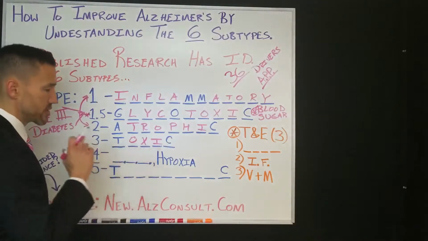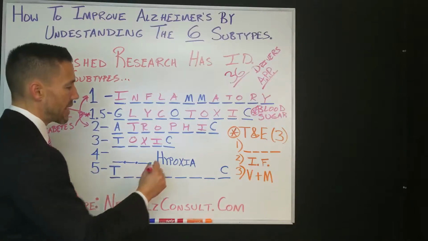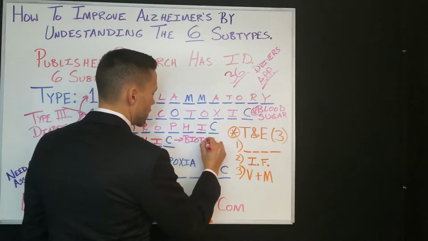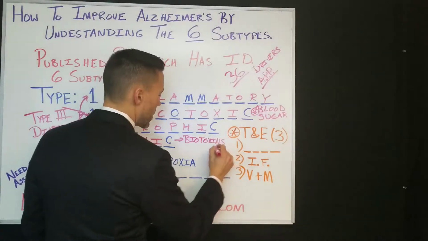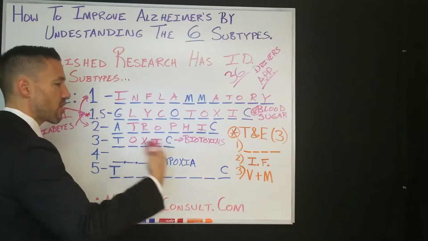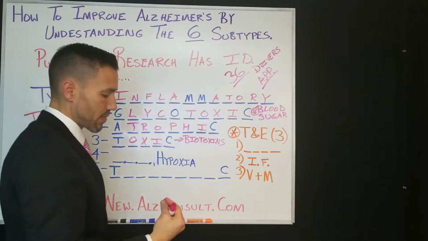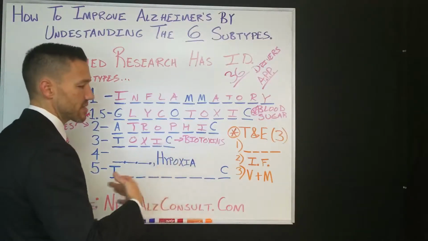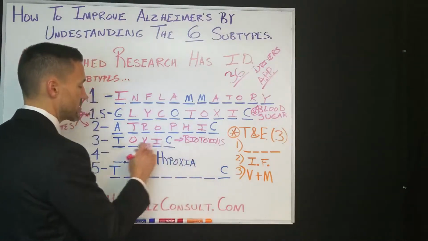Toxic. Now, number 3 is really an important one because it looks at biotoxins. Biotoxins, which we're talking mold, Lyme disease. These things, as part of their normal metabolism, create toxins that they release into your body. So biotoxins, this is huge.